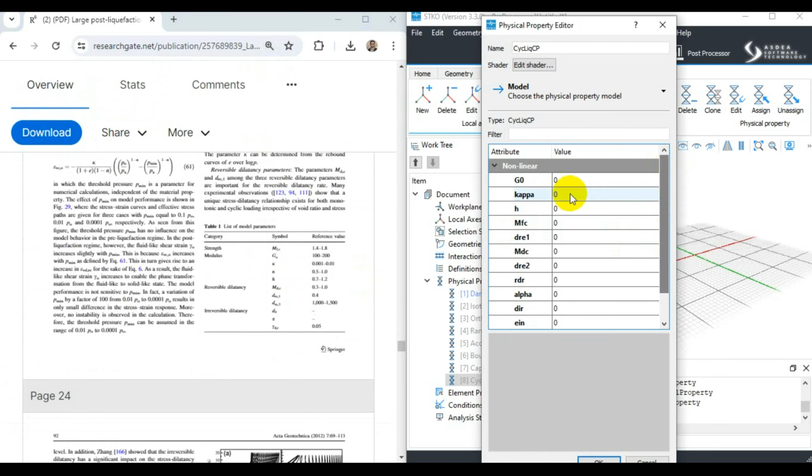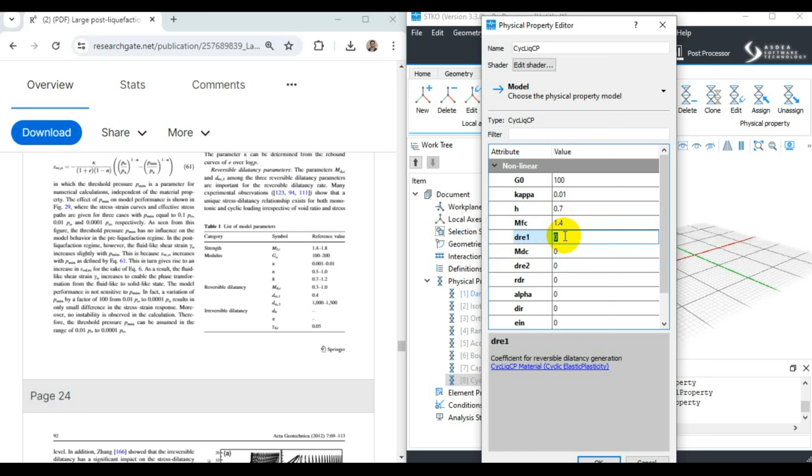We have this G naught parameter. We can use it in the range of 100 to 200. We have the kappa value, which is 0.001, and the range of 0.1. Then we have the parameter h, which is 0.7, a model parameter for the plastic model. Then we have MFC of 1.4, the stress ratio at triaxial compression.